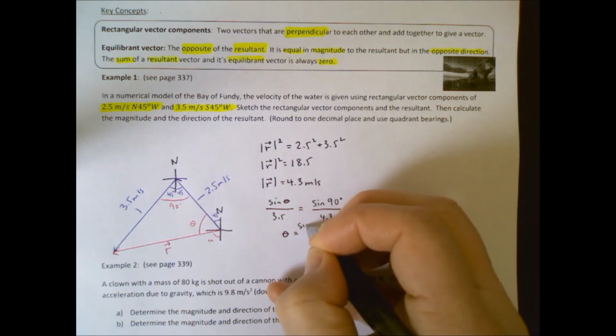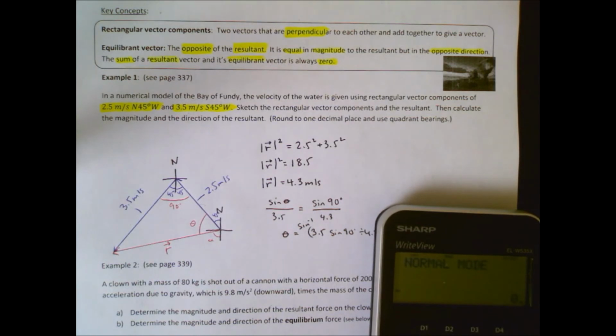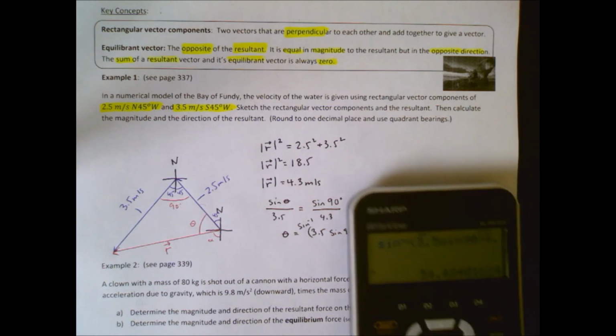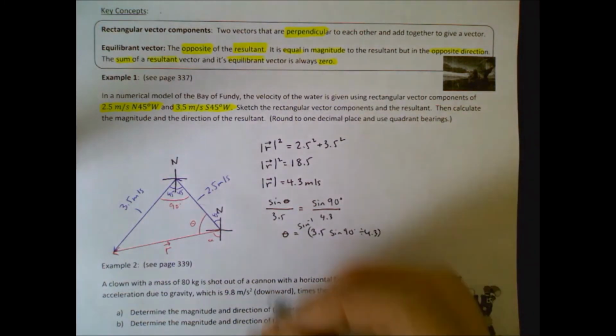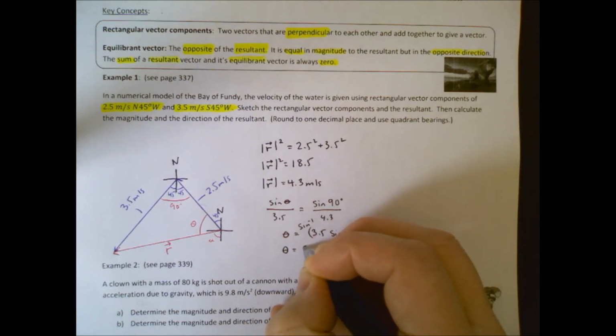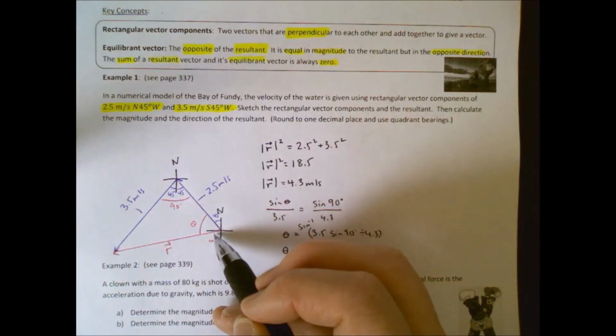My apologies, that's sine inverse as I'm solving for an angle. So I'm going to put this in my calculator. Second embarrassment right there. Mr. Wills, why do you put sine of 90? No, it's 1 divided by 4.3. So here I get an angle of 54.5. Now, what I really want is this alpha.